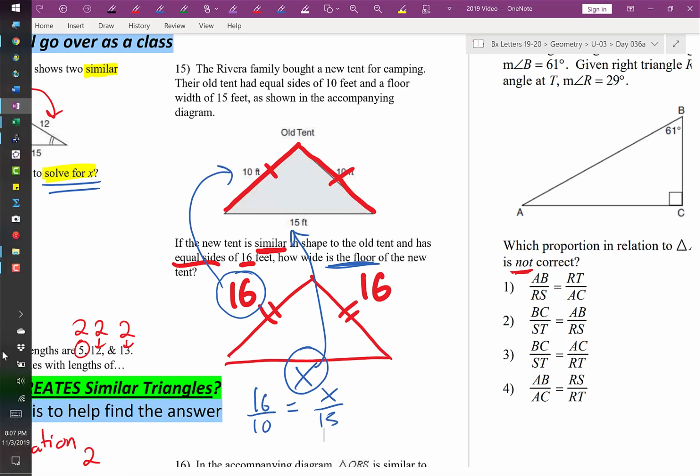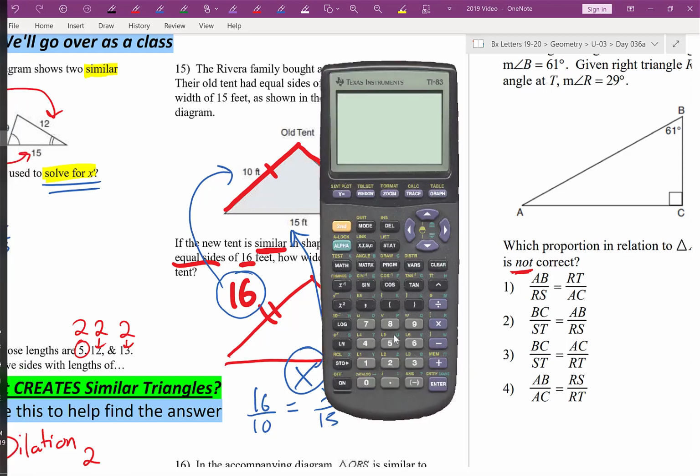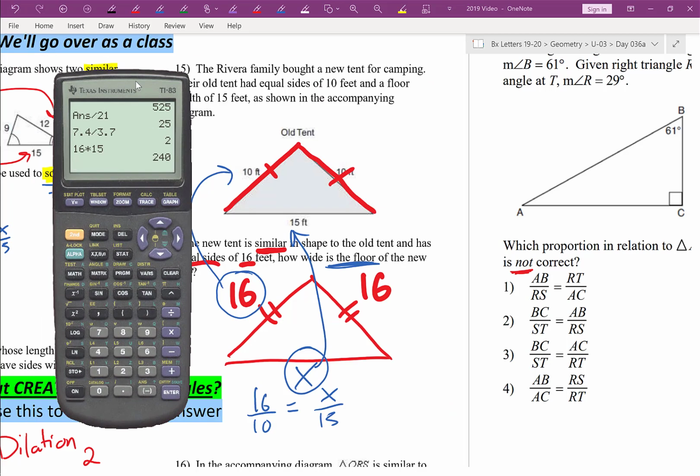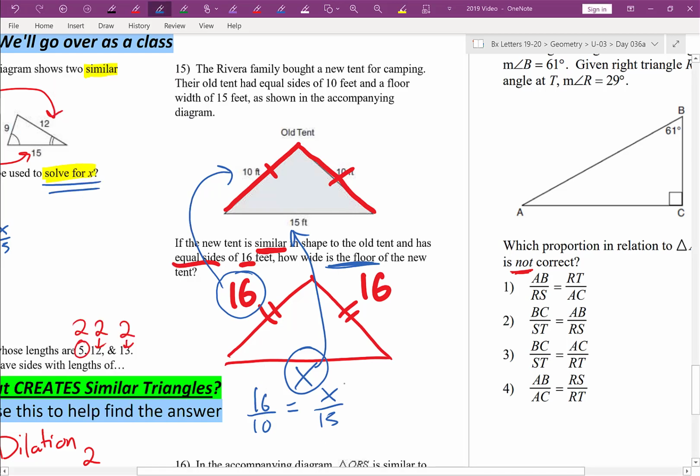Cross multiply. 16 times 15. We'll get 240, and then when we do the 10 times x, we're going to get 10x, so we're going to have to divide by 10, so 24. So we're going to get 10x, we're going to get 240, divide by 10, divide 10, x is 24.